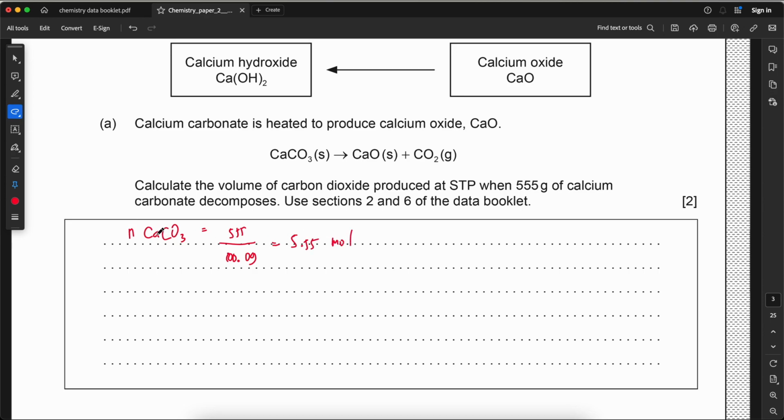If we find the mole of CaCO3, you will find the mole of CO2 because it has the same coefficient, so the number of moles will be the same as well. To calculate the volume of CO2, that would be n times Vm. So 5.55 times 22.7, then you will get 126 decimeter cube.